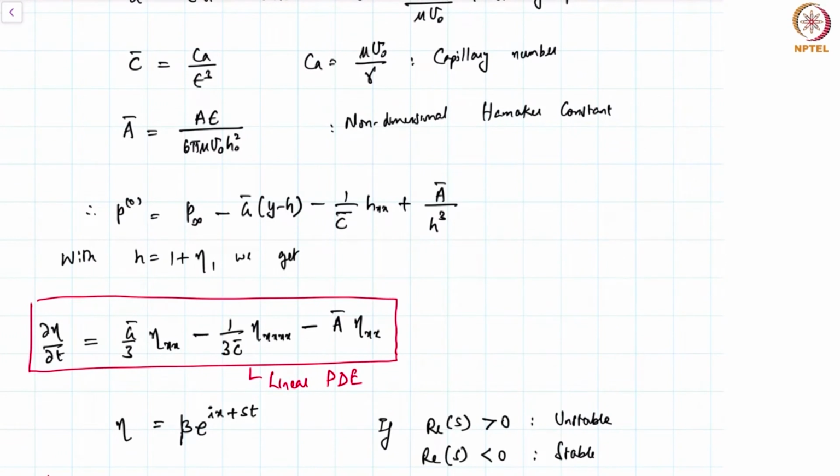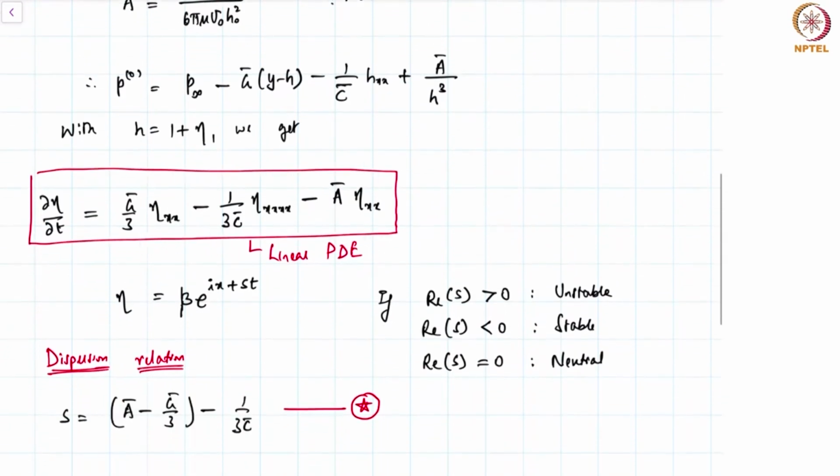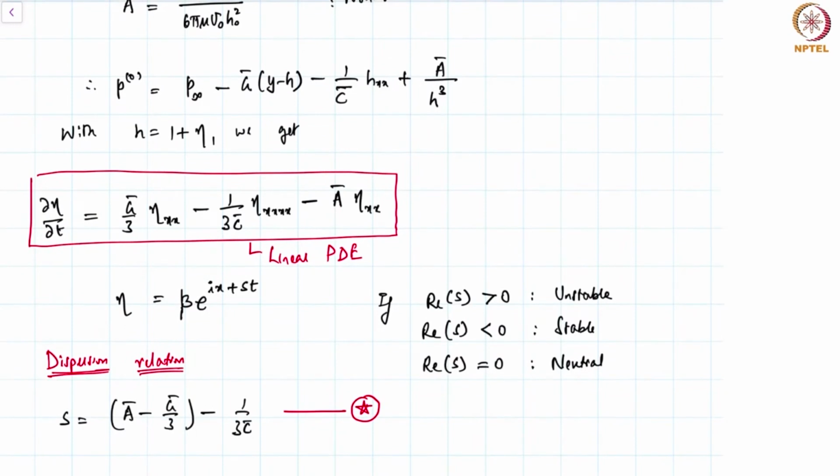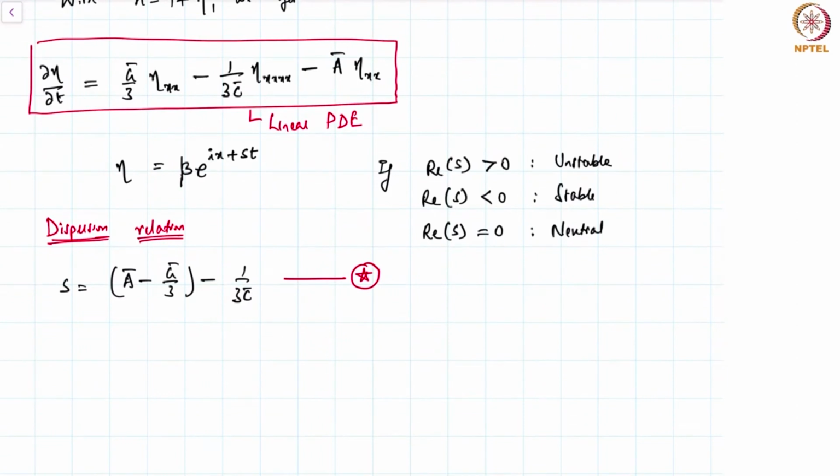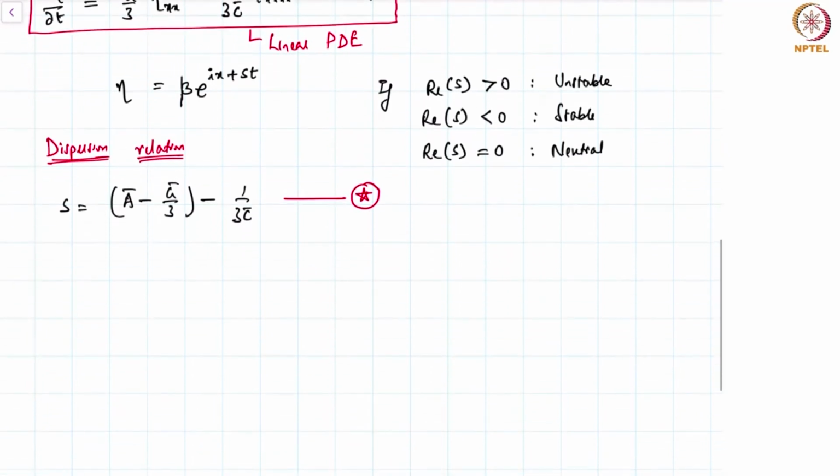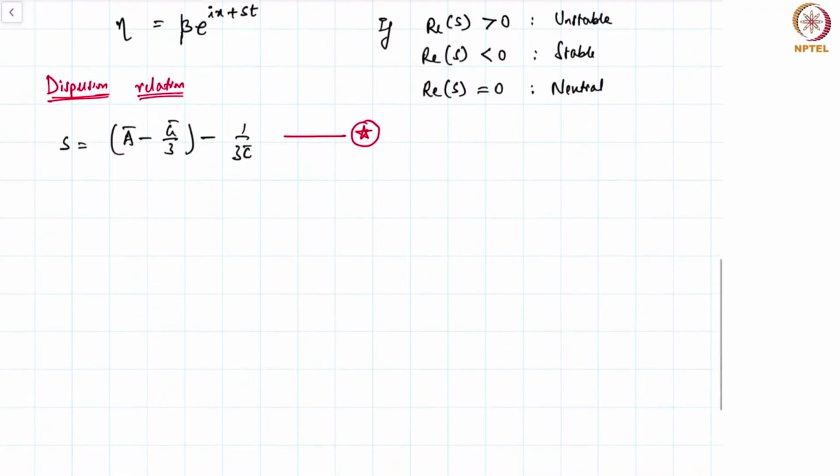This is the linear partial differential equation for eta as a function of x and t, depending on the parameters G bar, C bar and A bar. Then we assume the normal mode form and derive the general dispersion relation, which includes all of these, and s is the growth rate. We will now consider the general case where none of these parameters is 0.